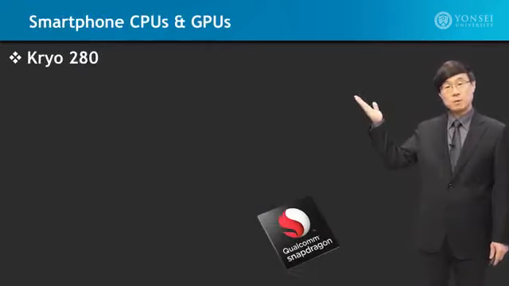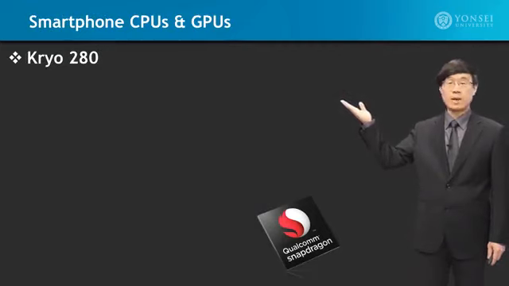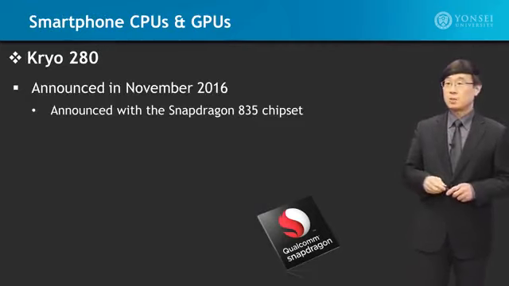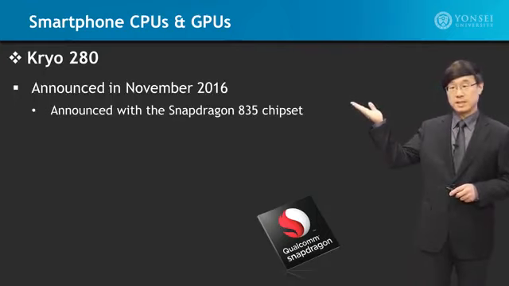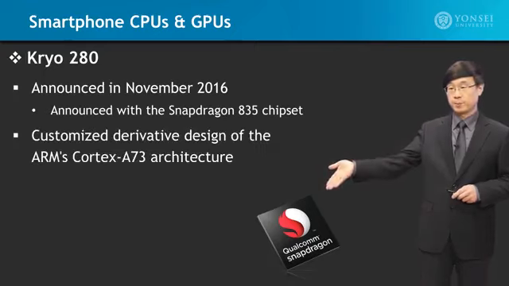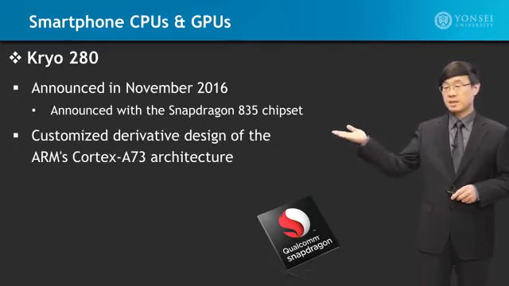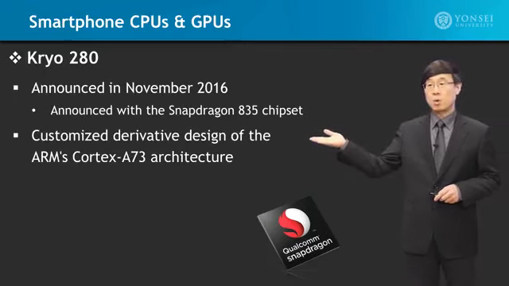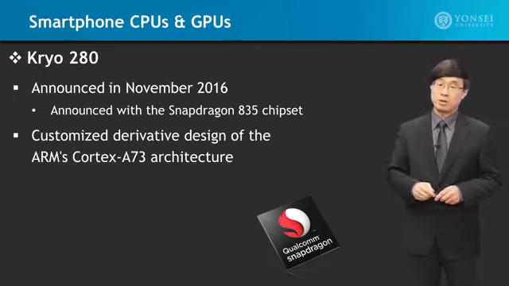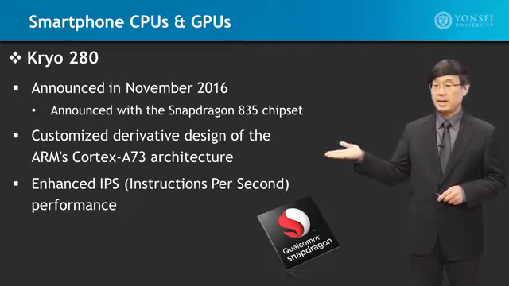For the smartphone CPUs and GPUs, we'll take a look into the Cryo 280 first. This was announced in November 2016, and it was announced with the Snapdragon 835 chipset, which you see right here. It has a customized derivative design based on the ARM Cortex-A73 architecture. And it has enhanced IPS performance, which is instructions per second.